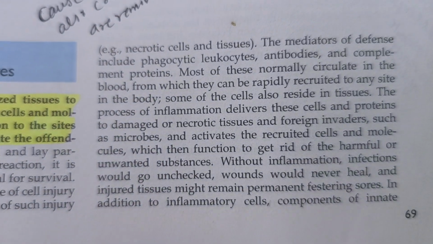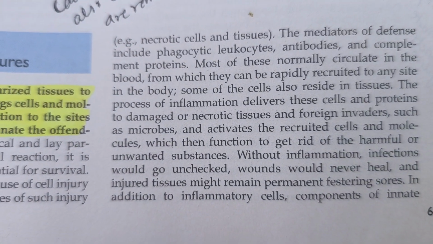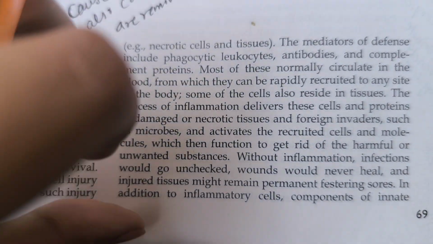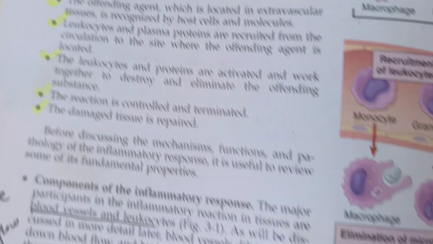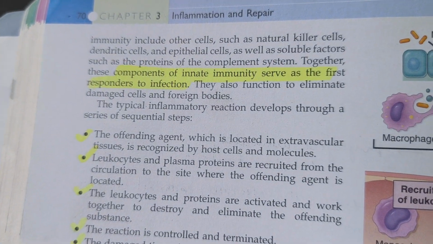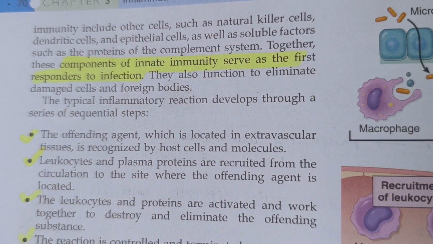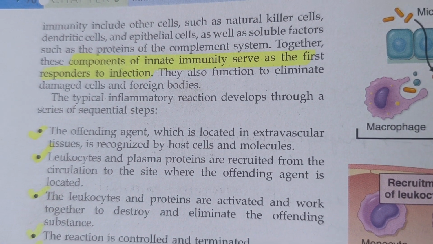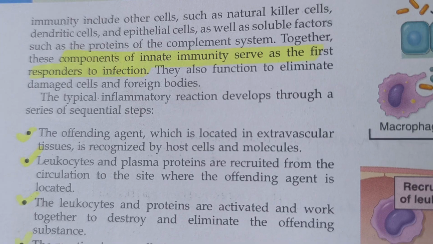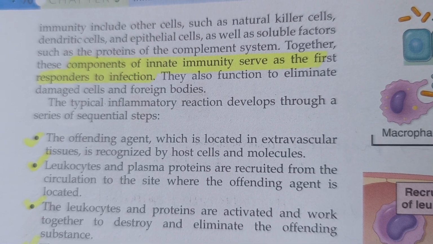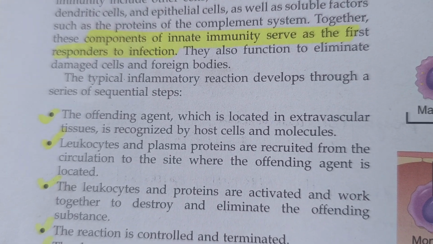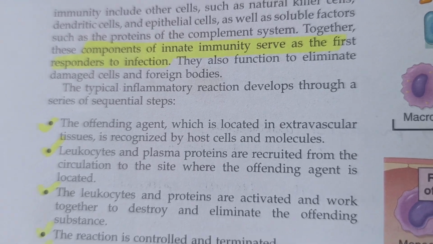In addition to inflammatory cells, components of innate immunity include other cells such as natural killer cells, dendritic cells, epithelial cells, as well as soluble factors such as proteins of the complement system.